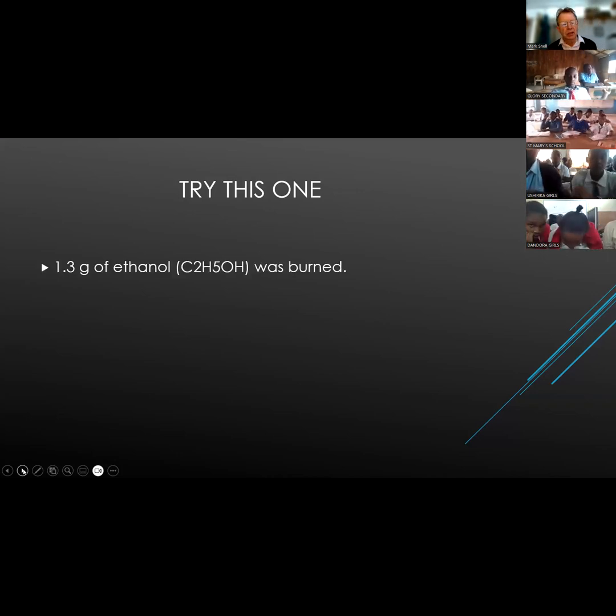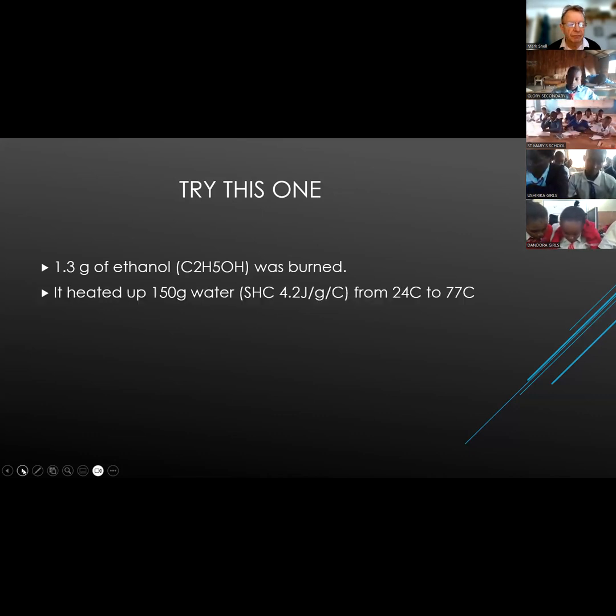All right. So here's one for you. Here's one that you can have a go at now. So 1.3 grams of ethanol, C2H5OH, was burned. We heated up 150 grams of water.